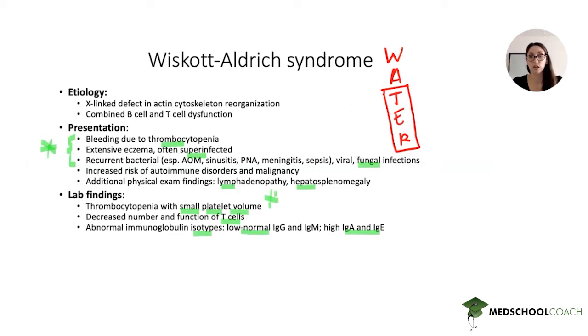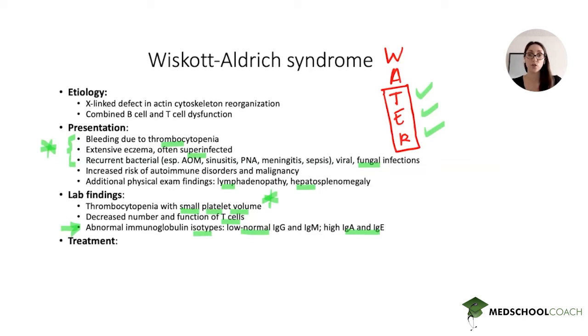You could get this question correctly even if you couldn't remember how the isotypes were different. You didn't need this piece of information to answer the question correctly. So really it was these three core features plus the thrombocytopenia and small platelet volume. This was a slam dunk without even remembering the differences in the immunoglobulin isotypes.